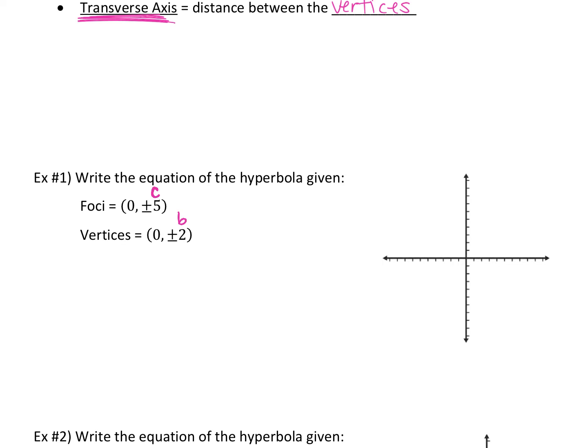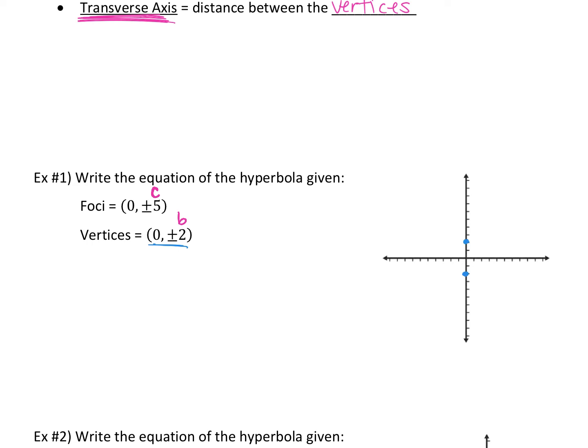Okay, now here's the deal. We know that our equation is either going to be x squared over something to start or y squared over something to start. It always starts with our vertices. So let's just think about where those vertices would be real quick. 0 plus or minus 2 would be here and here.